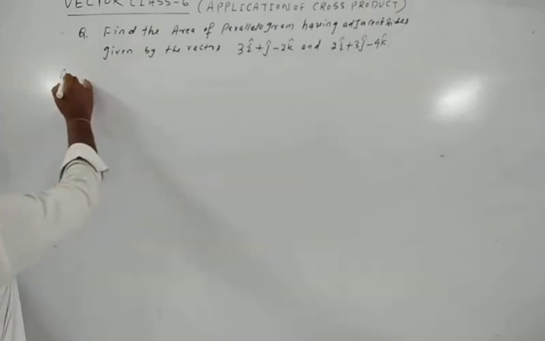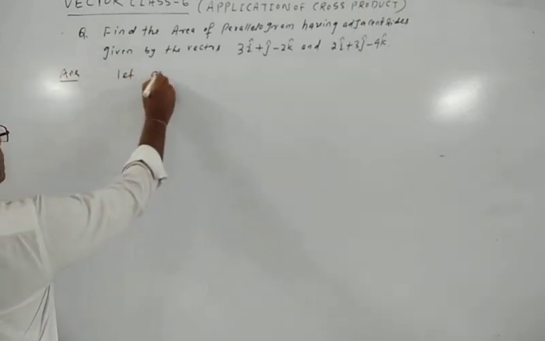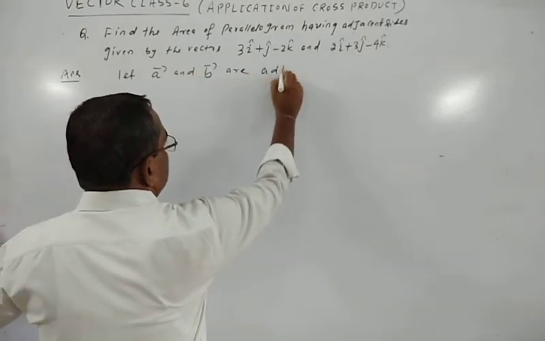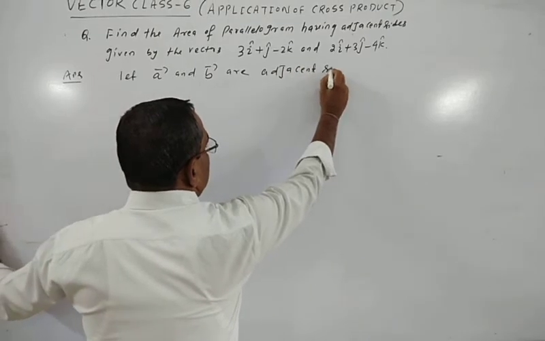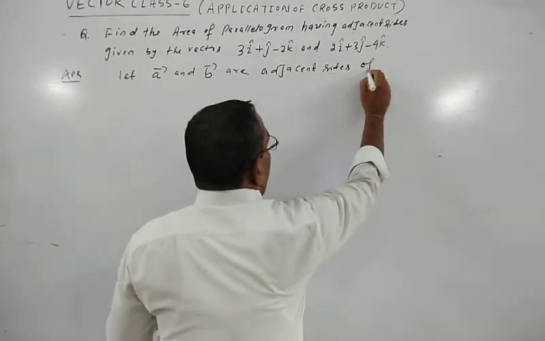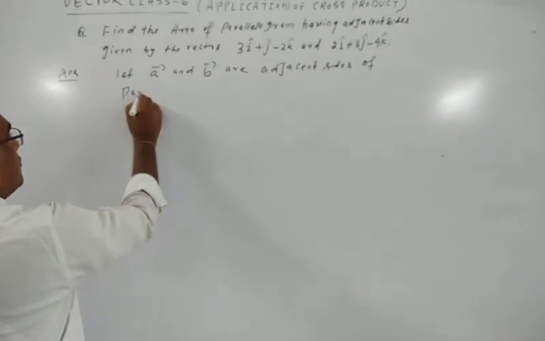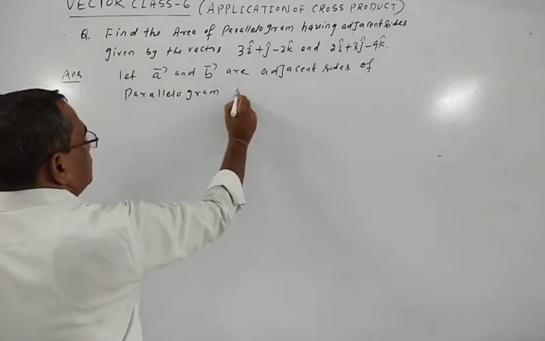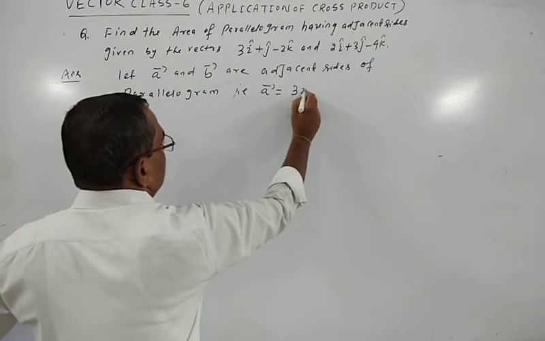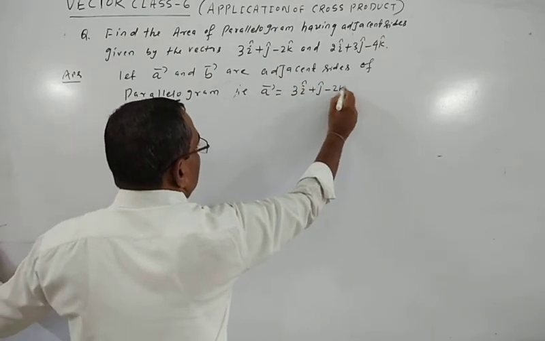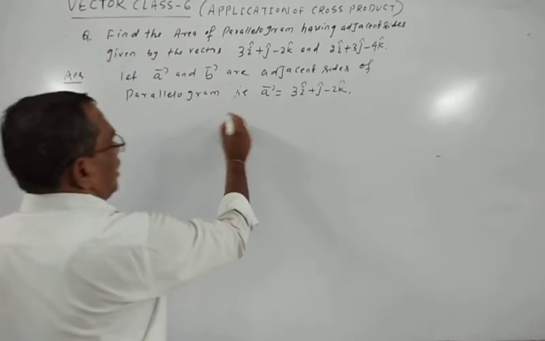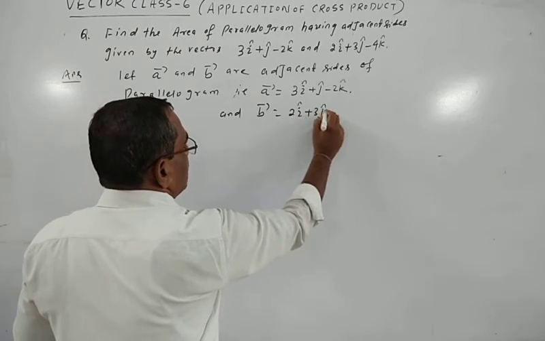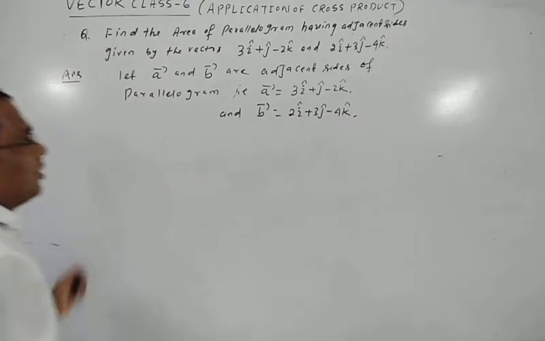Answer: let a vector and b vector be adjacent sides of the parallelogram, that is, a vector is equal to 3i cap plus j cap minus 2k cap and b vector is equal to 2i cap plus 3j cap minus 4k cap.